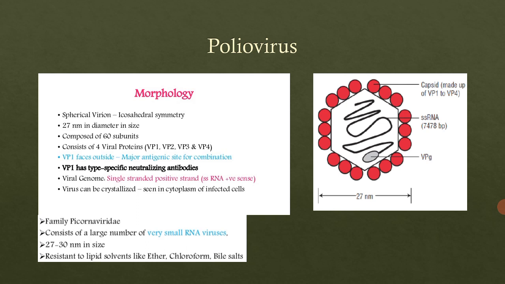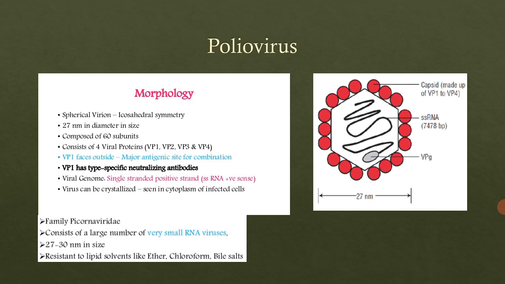If we draw these icosahedral molecules sticking to each other, then that structure will be formed, which is called the arrays of virus crystals. This virus can be crystallized and can be seen in the cytoplasm of the infected cells.